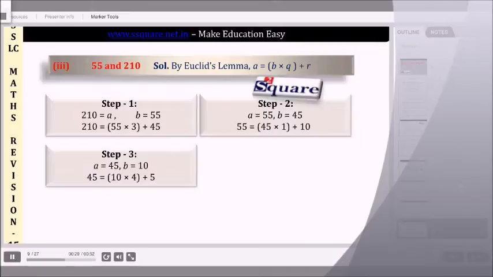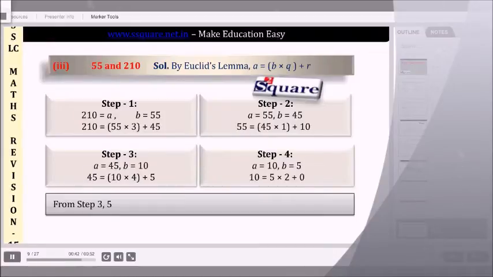So 45 is equal to 10 into 4 plus 5. Step 4, a is equal to 10 and b is equal to 5. 10 is equal to 5 into 2 plus 0. So from step 3, 5 is the last non-zero remainder. So hence HCF of 55 and 210 is 5.